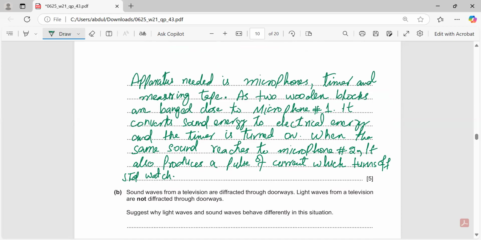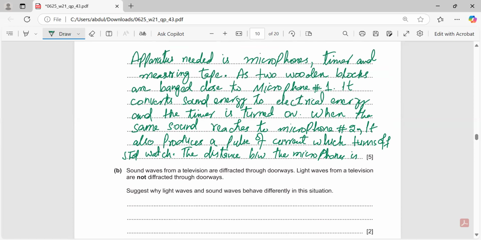In this way, the time is measured. The distance between the microphones is measured by measuring tape and then speed is equal to simply distance over time. Like this, you can get the full credit of these 5 marks.